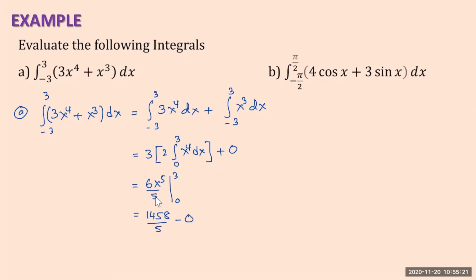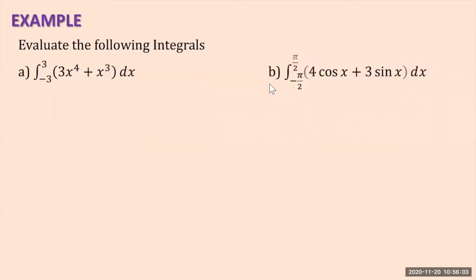So my result is 1458 divided by 5, which is approximately equal to 291.6. So that is the value of the definite integral given here in part A, and we evaluated this using the symmetric property of evaluating definite integrals.